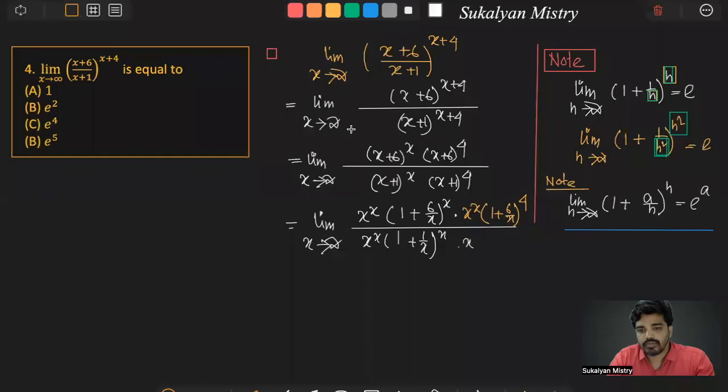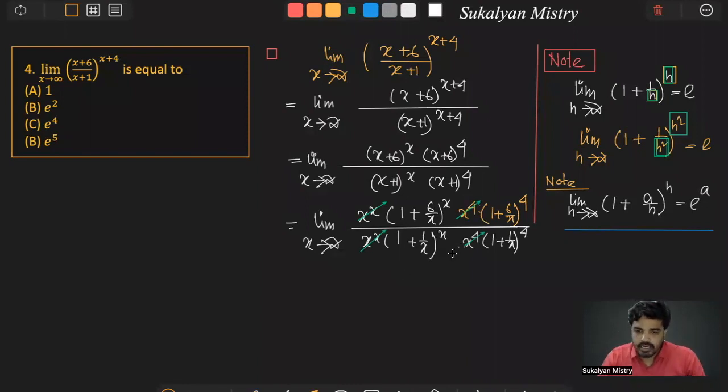Okay, so please correction it, দেখো এখানে x to the power 4 হবে. So x^4 into (1 + 1/x)^4. So x^x and x^4 cancel out.